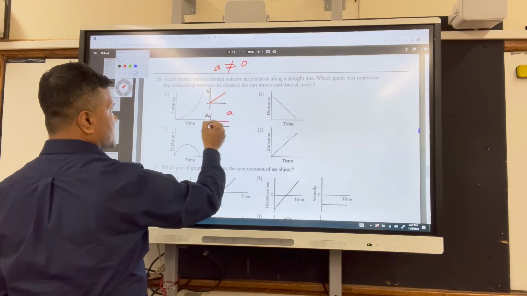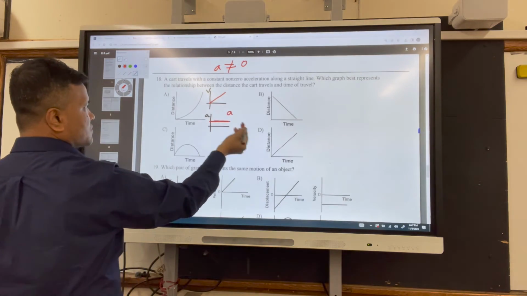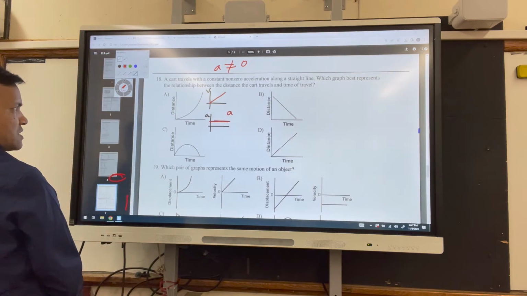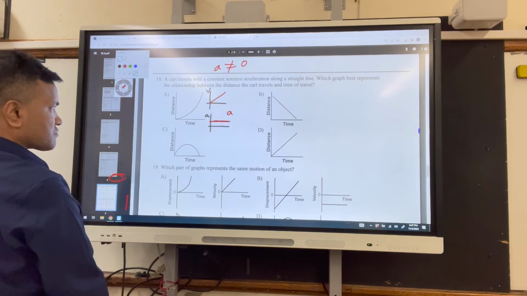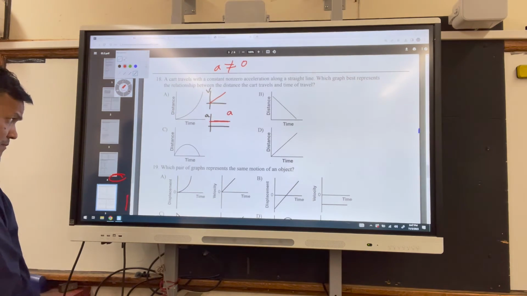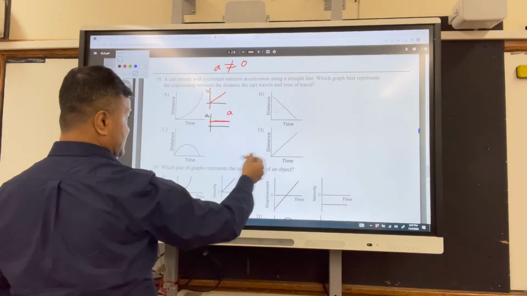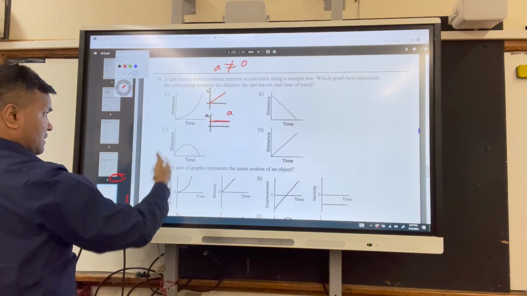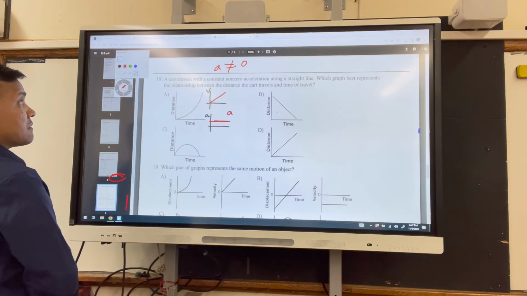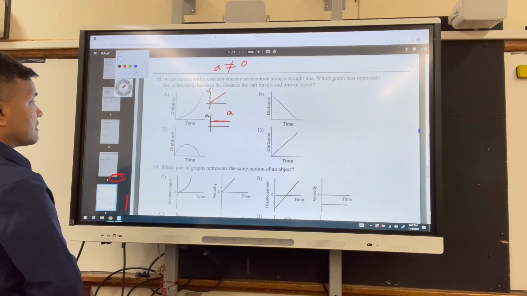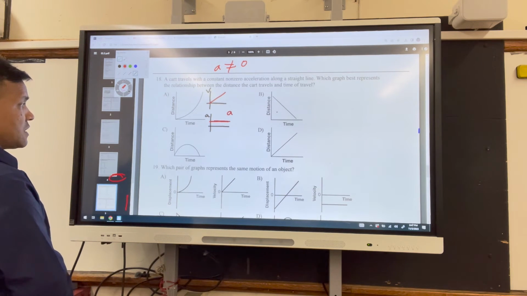This is not zero, right? This is something, 1 or 2 or 3. So constant non-zero acceleration. Here acceleration is 0. Here acceleration is 0. So this seems to be the only choice.